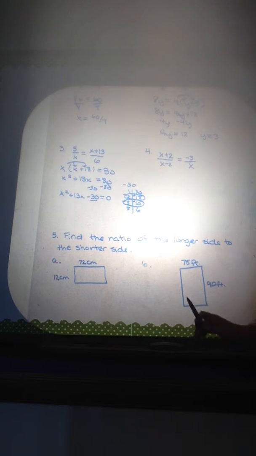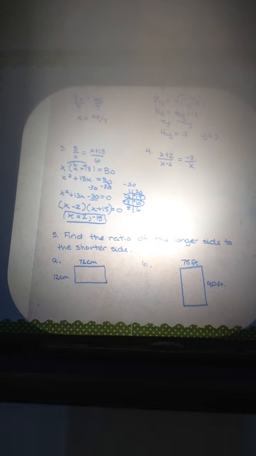Positive 3 times positive 10 is going to give me positive 30. So when I put my parentheses, I want to use x minus 2, x plus 15. So x could be equal to either 2 or negative 15. And that would be my final answer. And we get that by setting x minus 2 equal to 0 and x plus 15 equal to 0 individually.